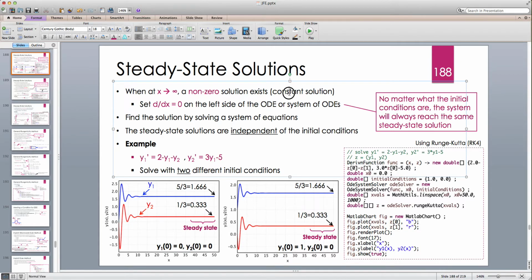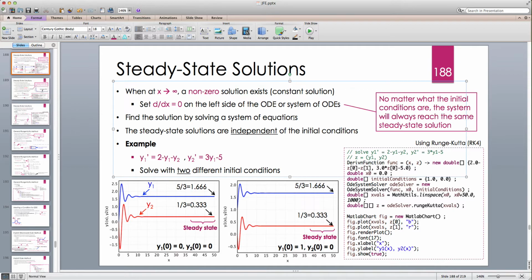If the solutions reach a constant level, then we set d/dx to 0 if the variable is x, and this sets the y primes to 0. And then on the right hand side, we have a system of equations. It's not a differential equation anymore, it's just a system of equations.